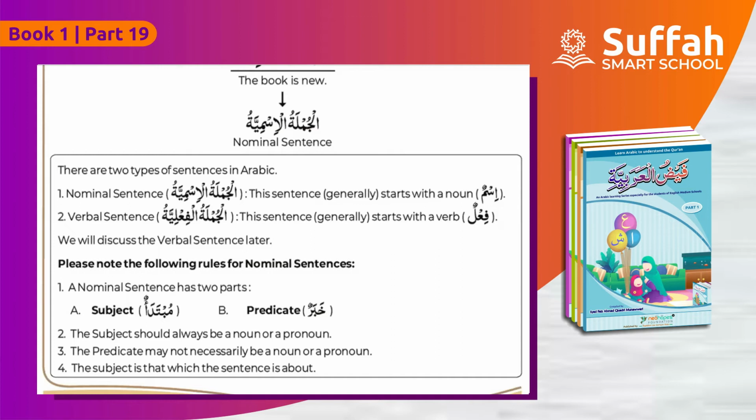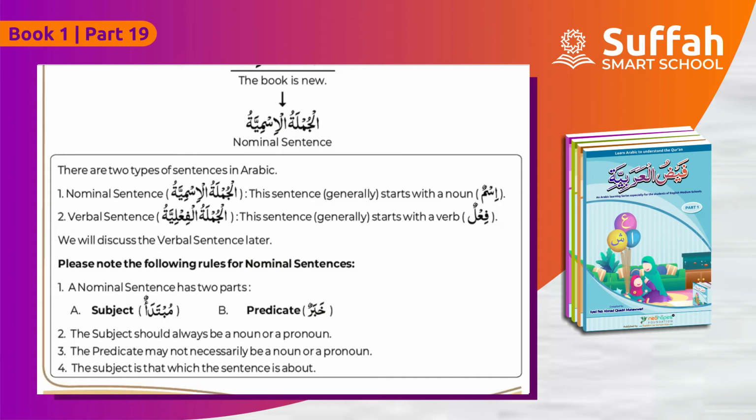You will say India is a country. India is a country. "Is a country" is the part of the sentence that you are telling about India. So India is the subject and "is a country" becomes the predicate of the sentence. Understand? Now your sentence will have two parts.